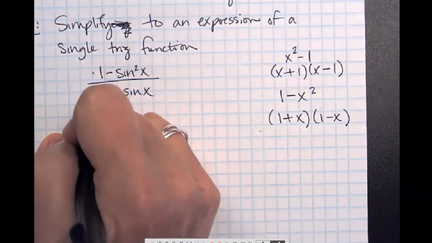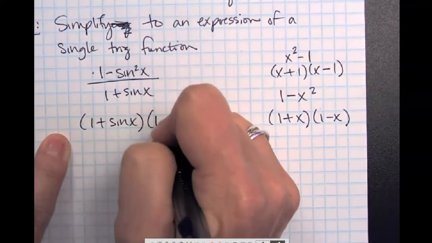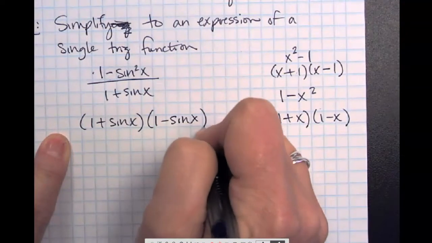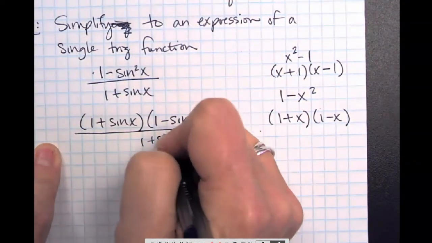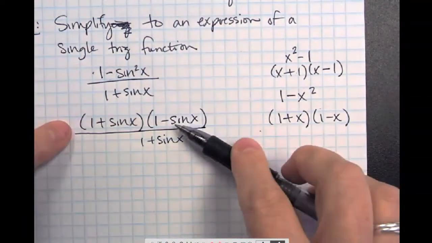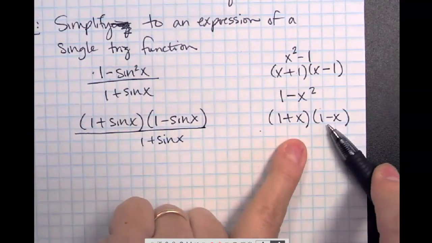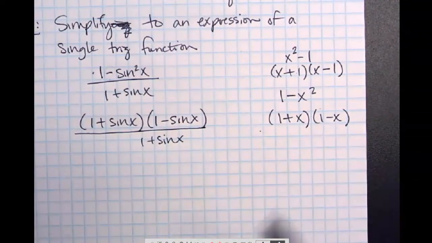The factors would be 1 plus sine x and 1 minus sine x over 1 plus sine x. Do you see how these factors are just like these? It's not just an x, it's a sine of x, but the process of factoring is the same.